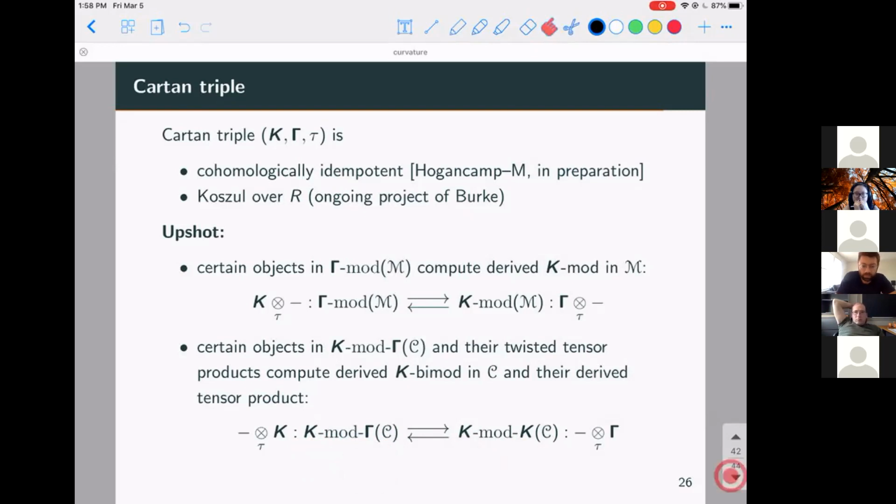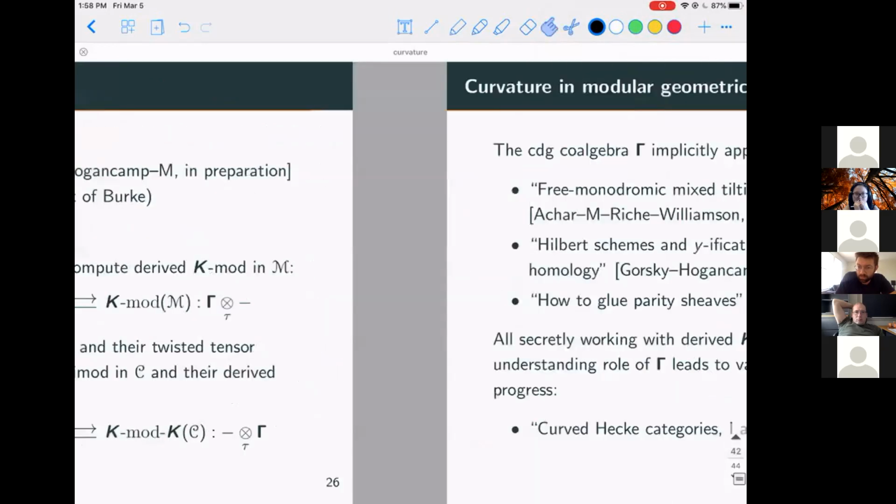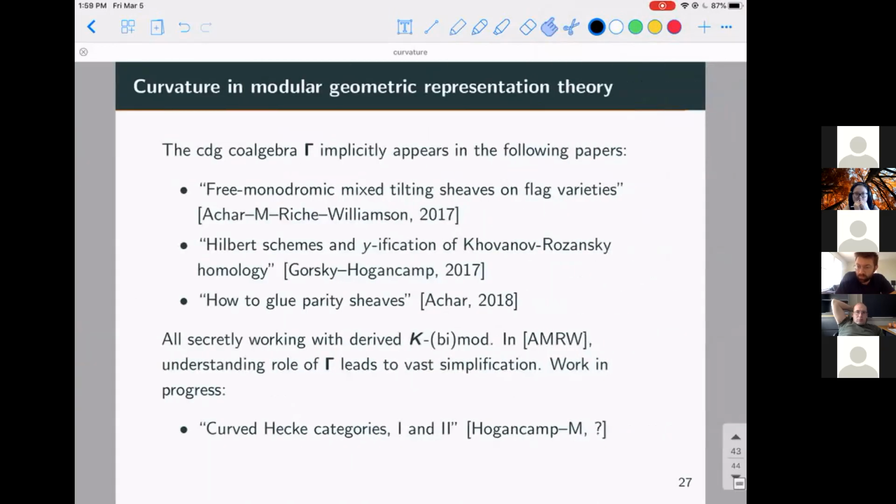So this is why secretly in all these papers that I had mentioned, this curvature showed up. They were implicitly working with the Cdg coalgebra gamma, and so they were secretly working with some sort of derived bimodules for this algebra K. And once we understand the role of this curvature correctly, then in some instances this seems to really simplify the argument.